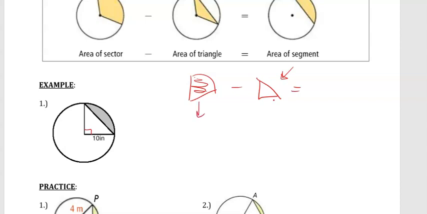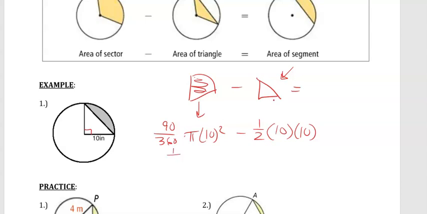So on this, we know it's going to be 90 degrees over the 360 times pi times 10 squared minus, we're lucky because it is a 1/2 10 by 10. This is the right triangle. Those are the easy ones. How do you get the 1/2? 1/2 base times height because it's a triangle.